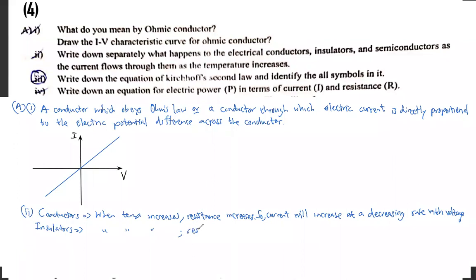Resistance reduces slightly. No significant change in current, we'll put it that way, because insulators do not have the ability to release electrons.